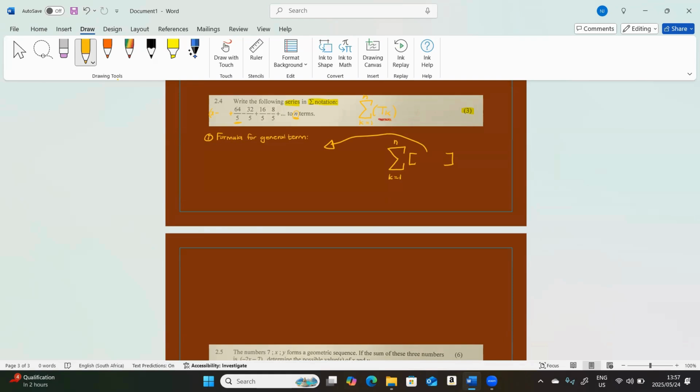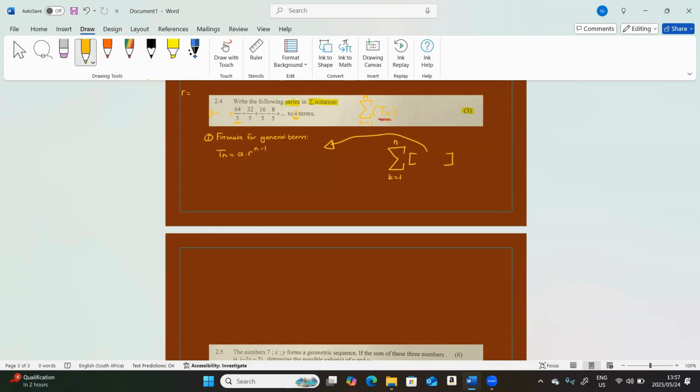Okay, so we know this is going to be a geometric sequence, or series, because we are multiplying with something, right? And we know that the formula for that is term n is a times r to the power of n minus 1, okay? That is what that is, okay?